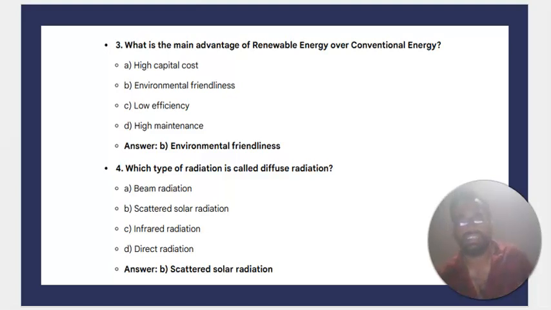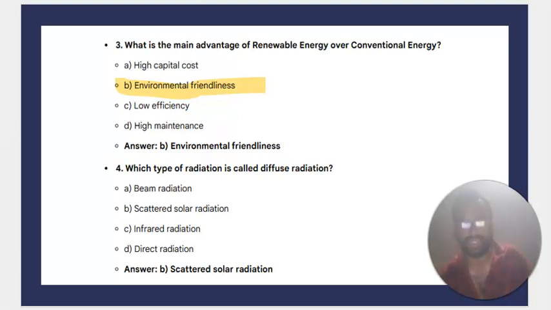The four options are: high capital cost, environmental friendliness, low efficiency, high maintenance. The right answer is B, environmental friendliness, because renewable energy is eco-friendly compared to conventional energy.